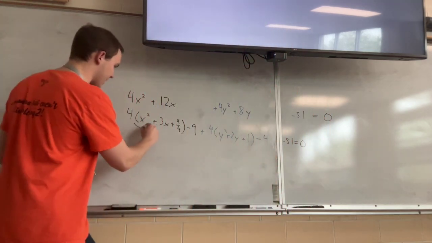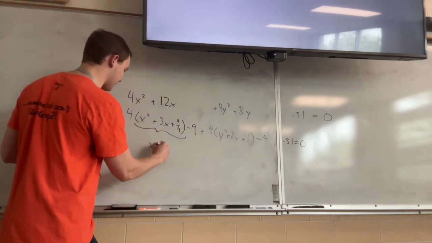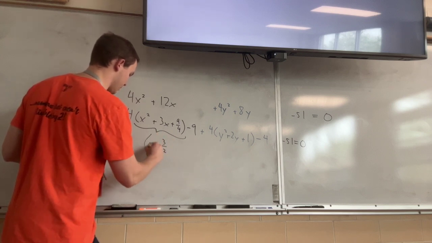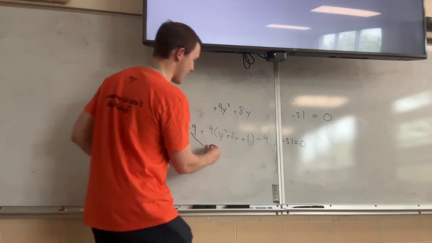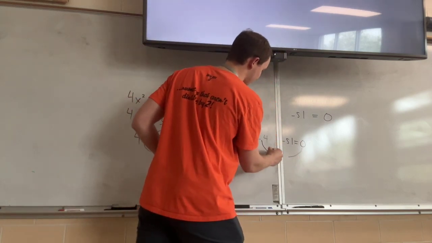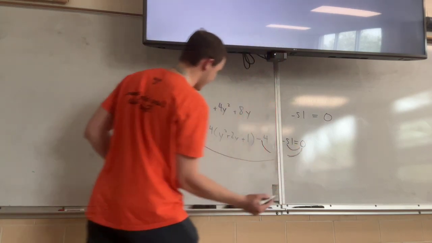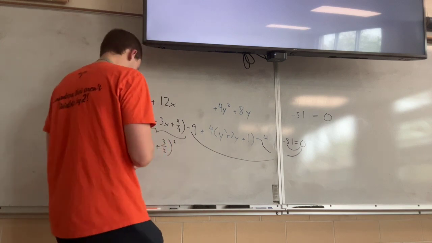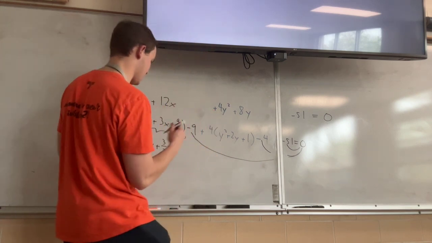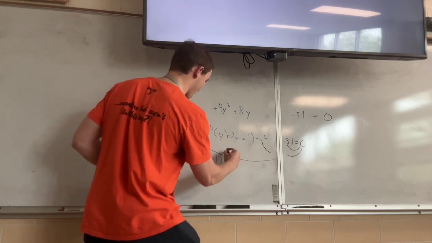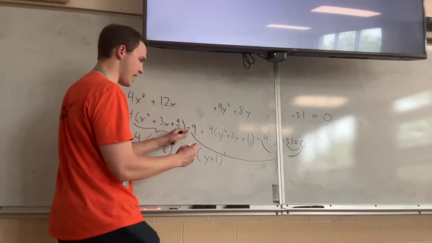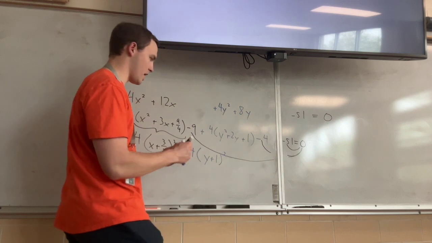Factor these 3 terms, you get x plus 3/2 squared, and I got that 4 here. Take the 9, add it over. Take the minus 4, add it over. Take the 51, add them over. And so then I have a plus 4 times y plus 1 squared. And then 9 plus 4 plus 51 is 64.